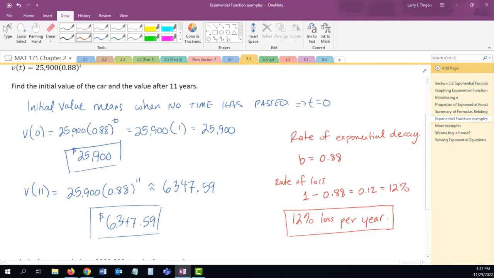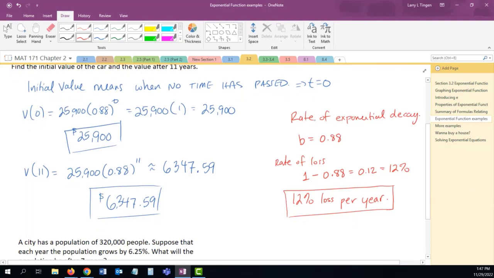At the end of the second year, it's worth 12% less than the 12% less than it was worth after the first. So it kind of piles on itself. This goes down quite a bit quicker than if it were just losing $2,000 in value a year, right, or $1,000 a year. It would not continue to plummet each time.